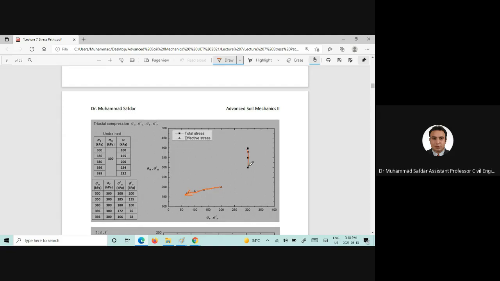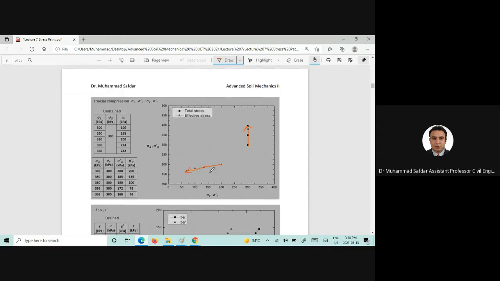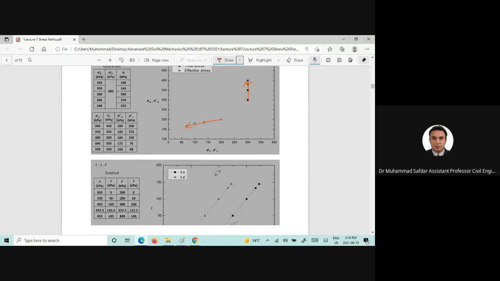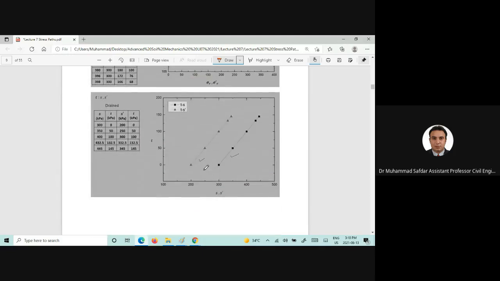So this is a very simple way of showing how we can plot the stress paths. In reality, or I would say, in the lab, I will show you, it looks totally different. This one looks a bit close to the stress path which we obtained in the drained loading condition.